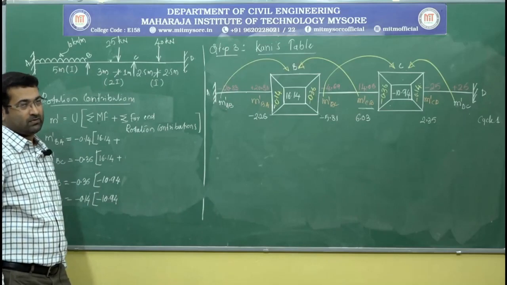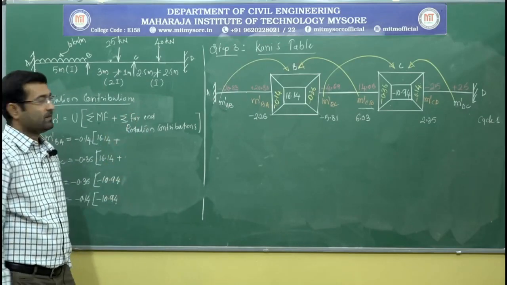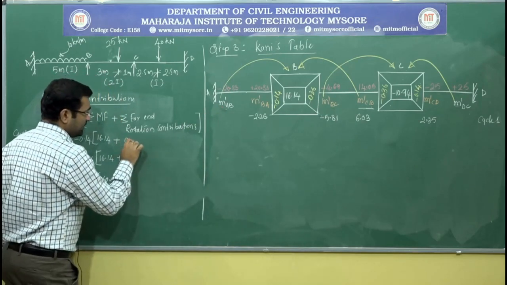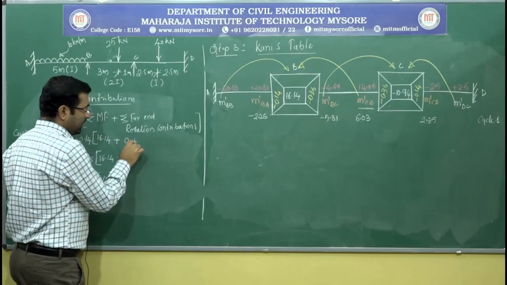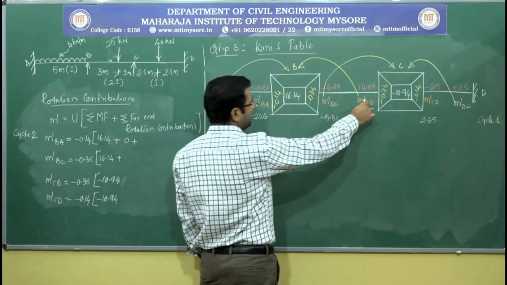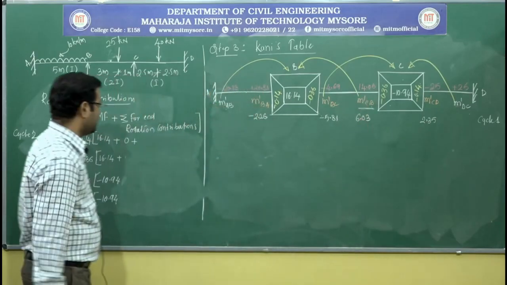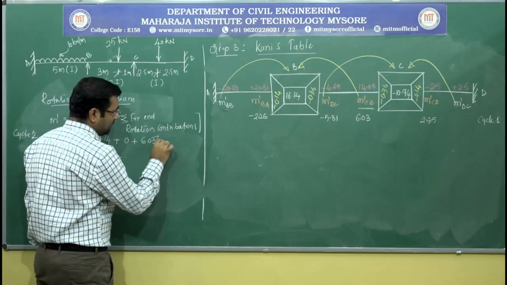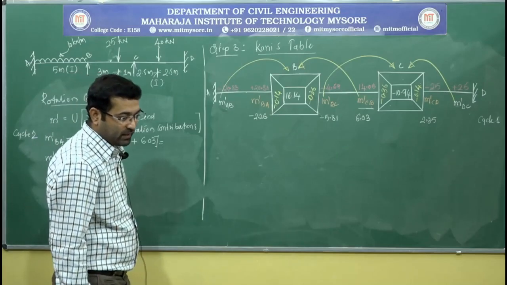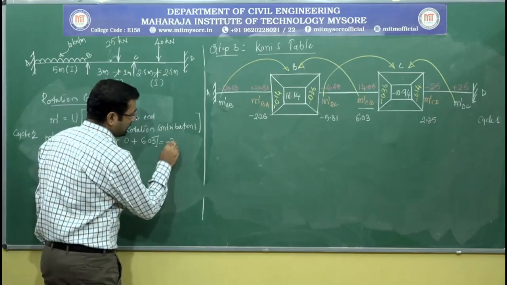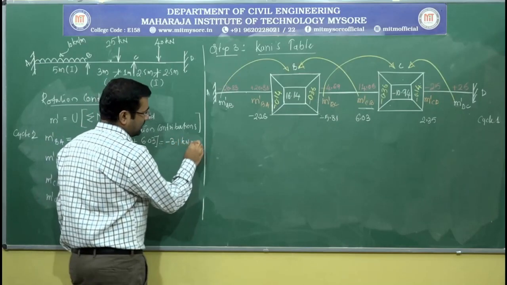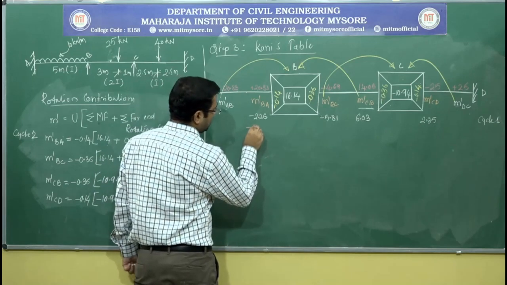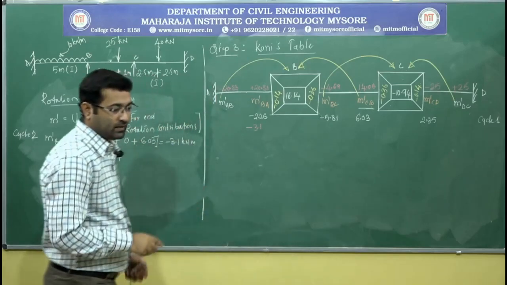Now how much are they? Here M dash AB is 0 because we are not calculating those values, plus M dash CB. M dash CB here is 6.03. Previously it was 0, but now it is 6.03. That gives you a value of minus 3.1 kilonewton meter. That I need to represent here, it is minus 3.1. Right.